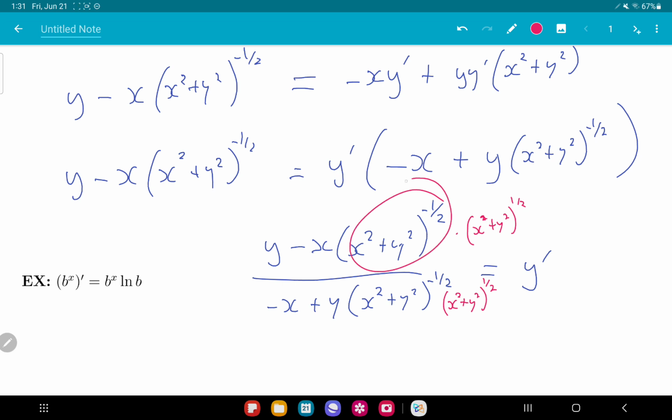The issue is technically you have a fraction inside a fraction, which is not good.